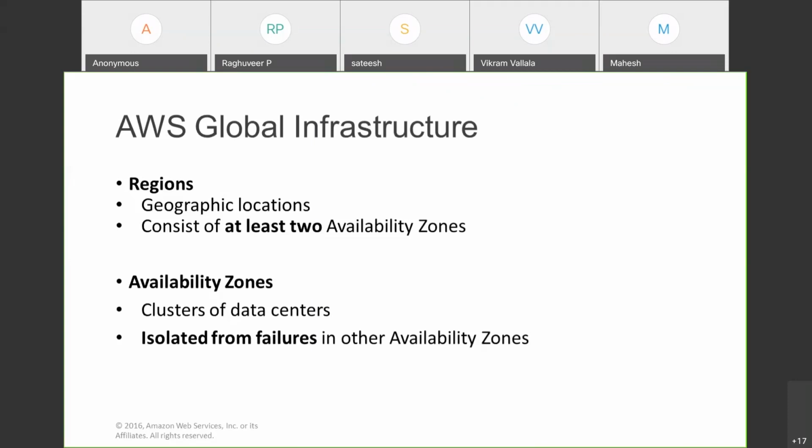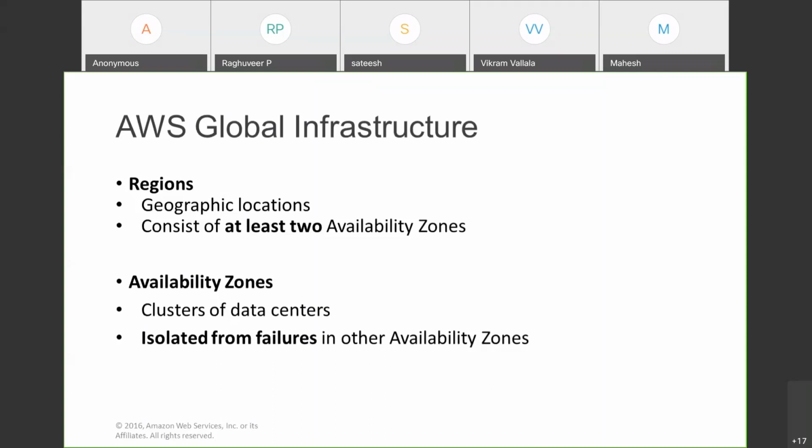In Mumbai, they have 3 availability zones, probably one in the north, one in the south, one in the eastern side, all based on strategic locations. All these availability zones in Mumbai are connected with each other, clustered.